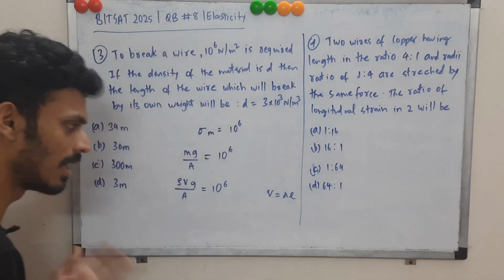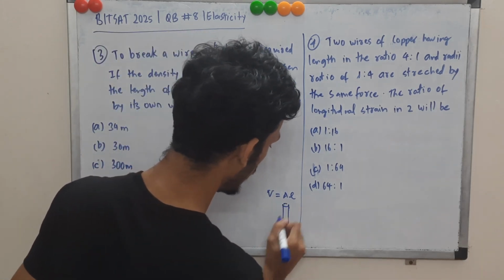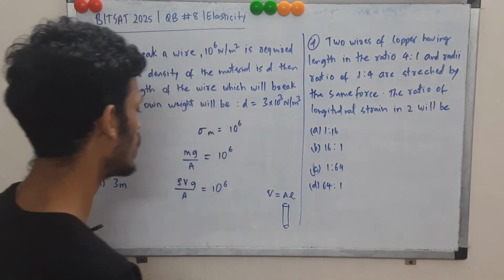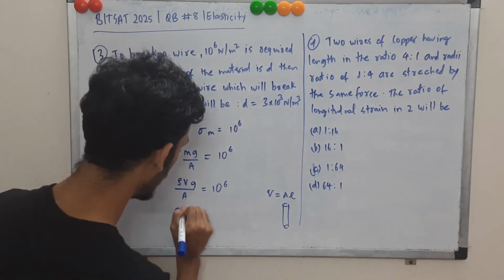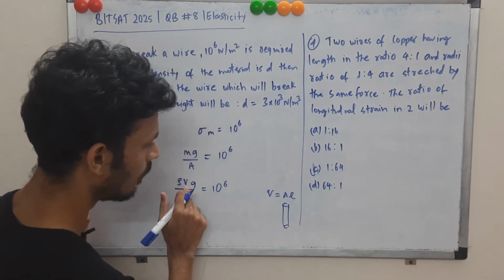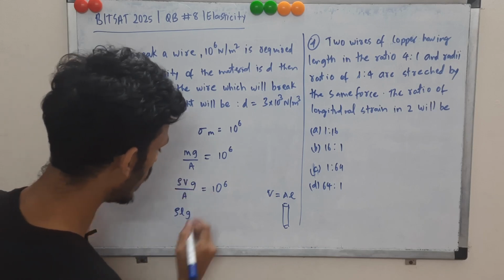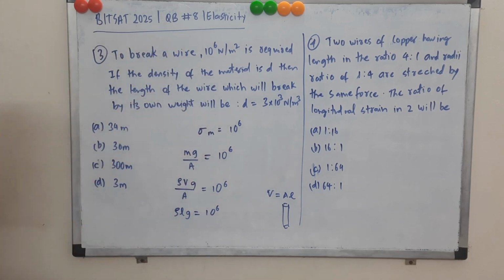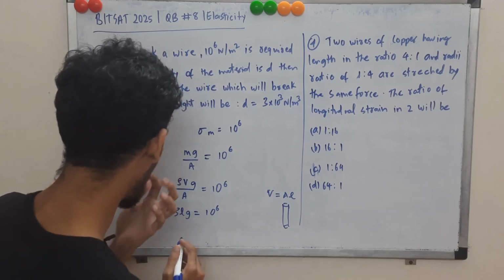So the wire is cylindrical in most cases, so the area of the base into the length will give you the volume. So this area and that area will get cancelled, so you'll be left with rho Lg. So V is AL, that A and this A get cancelled, so we have rho Lg is 10 to the power 6. So from here you can find the maximum stress that your wire can handle.